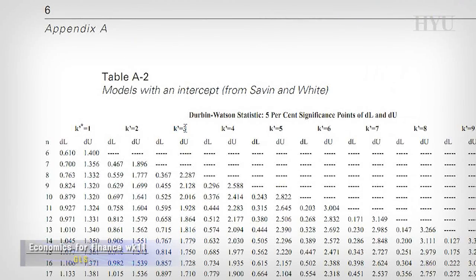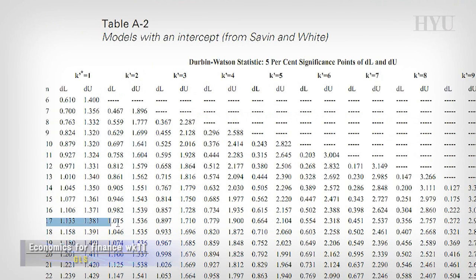If you want to do a 95% test, and suppose we use three factors and 17 data points, then the lower bound is this and the upper bound is this one. If our estimated statistic is between these values, then we cannot reject the null hypothesis. If it is outside of this range, then we reject the null hypothesis.